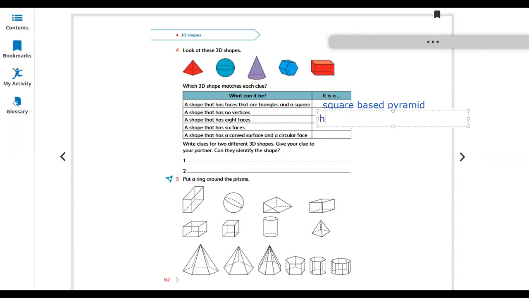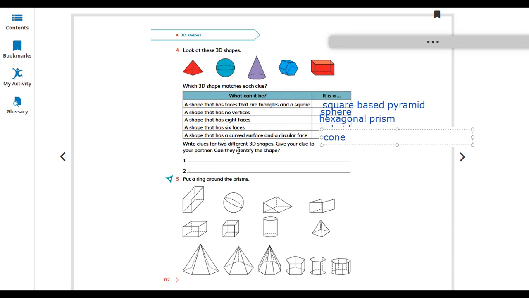You can also say a shape that has six faces. It's a cuboid. And a shape that has a curved surface and a circular face. It's a cone.